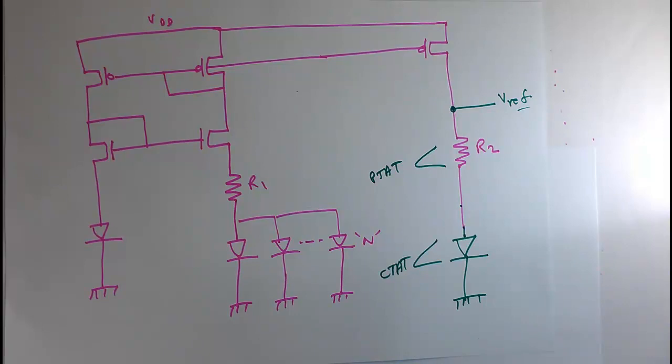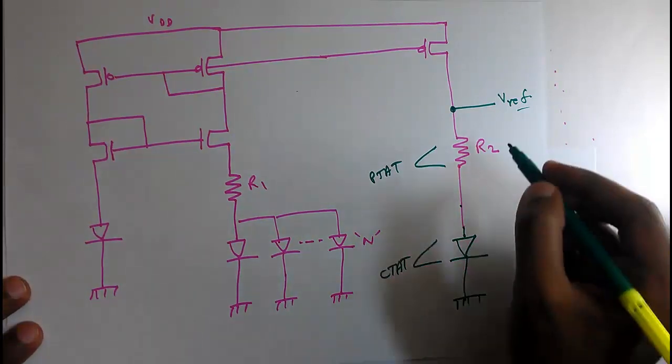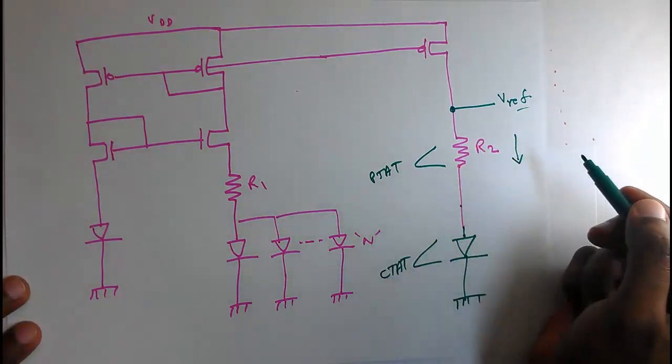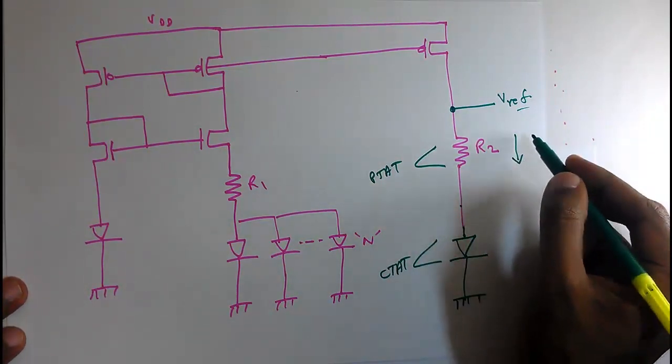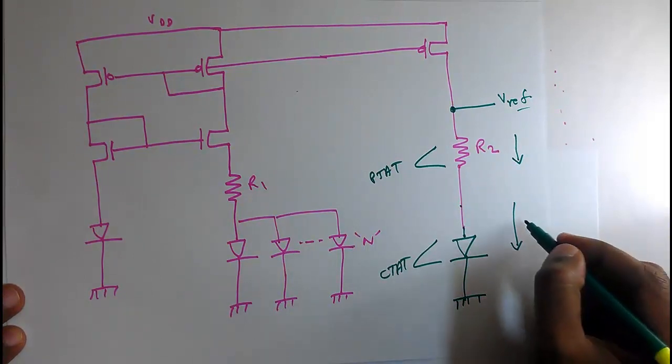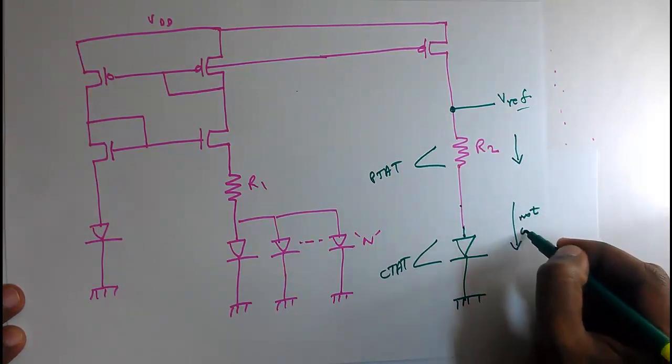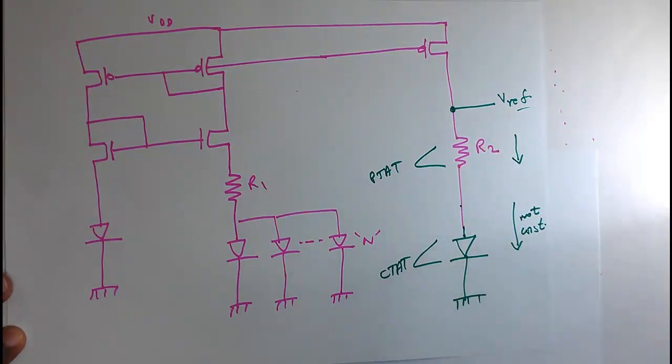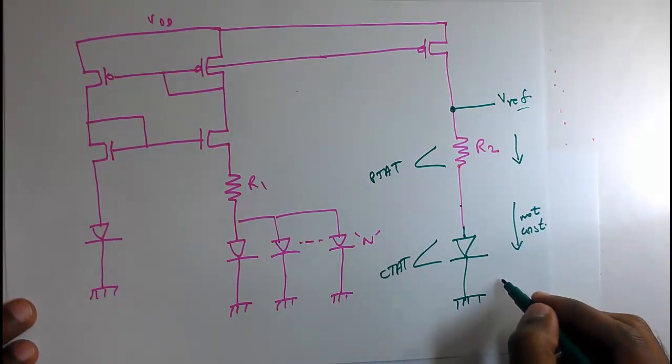But the current which is flowing through this resistor, in this circuit, is also flowing through the diode. So this current is not a constant. We already derived the expression for the current, and it is clear that it is not a constant.